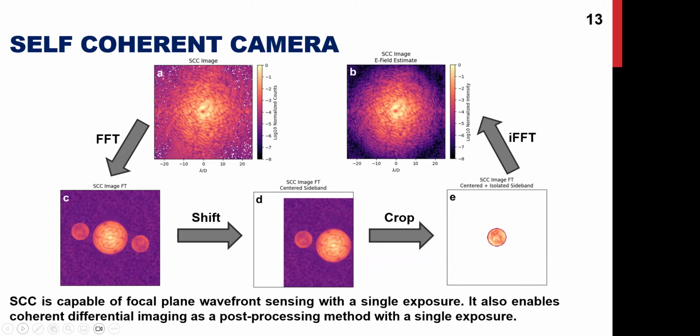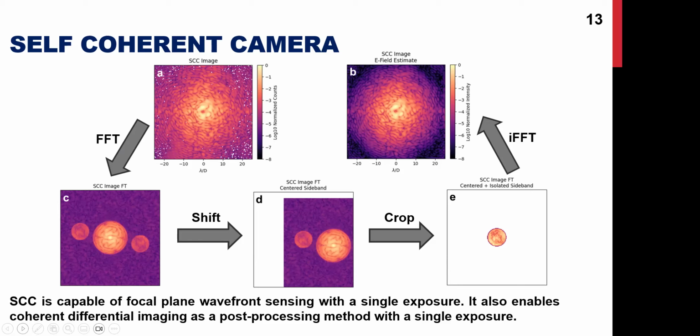And this is just a very quick diagram showing you how we actually do a wavefront sense with this. So you get an image off of your science camera. Because you have this off-axis pinhole allowing a little bit of light through, it comes in at an angle. What's it going to do with your speckles? It's going to make fringes. That's super cool because then when you take the Fourier transform of your image, you get your central OTF as you normally would, but you also get these two sidebands.